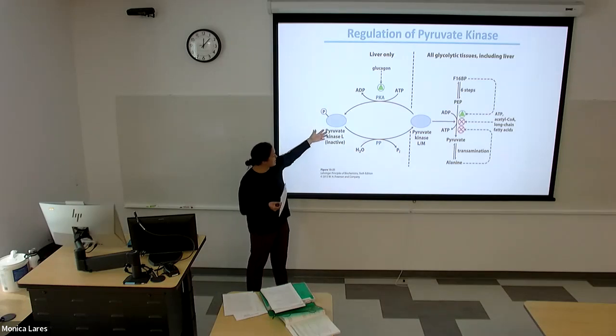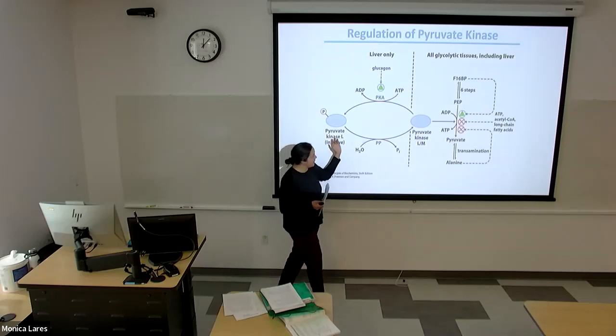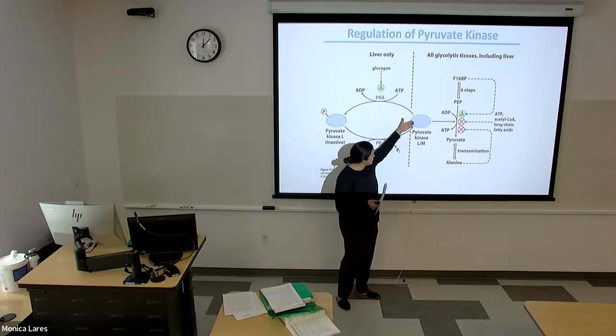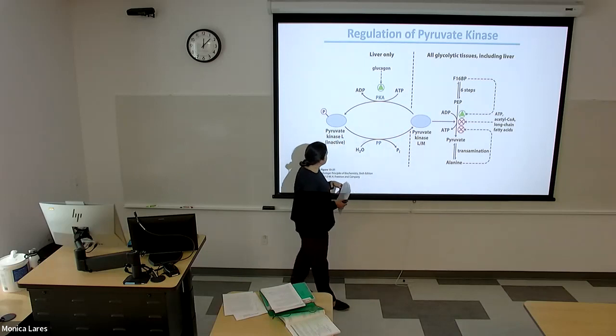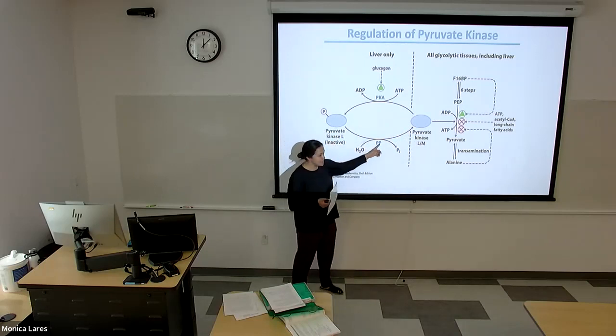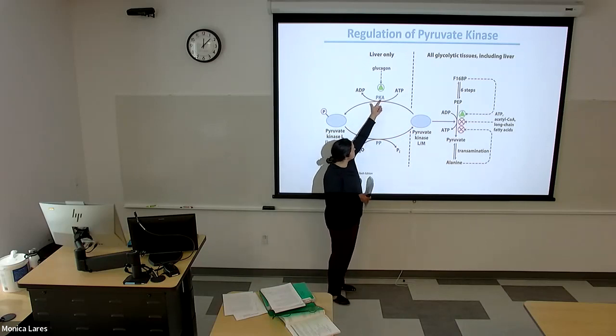Pyruvate kinase itself, when it's phosphorylated, is inactive. If it's dephosphorylated, then it's more active. Again, same thing, a phosphatase removes a phosphate group, and a protein kinase adds.